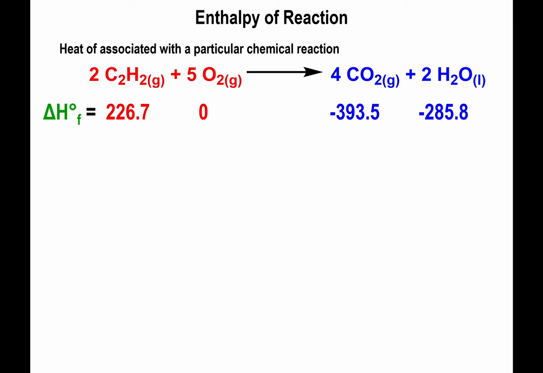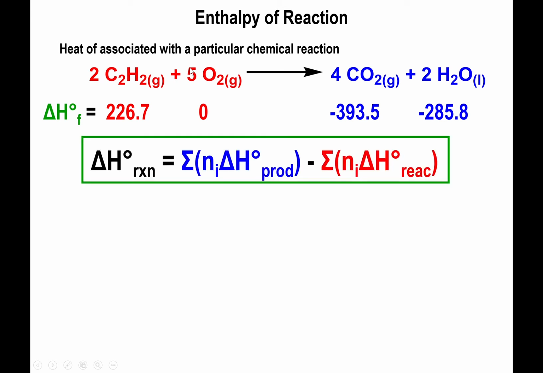So what we basically do to find out how much heat this entire reaction generates is to account for the fact that the enthalpy of a product or reactant can be multiplied by the balancing coefficient that it has. Moreover, all of the heat associated with the product molecules can be summed together.